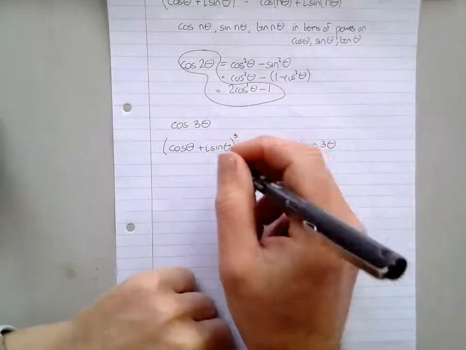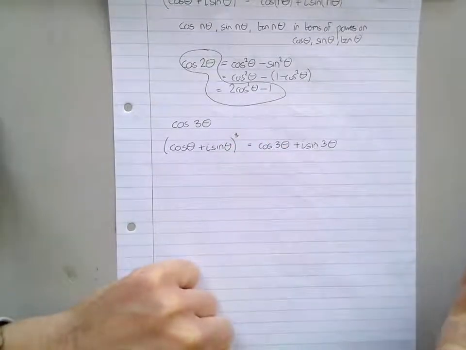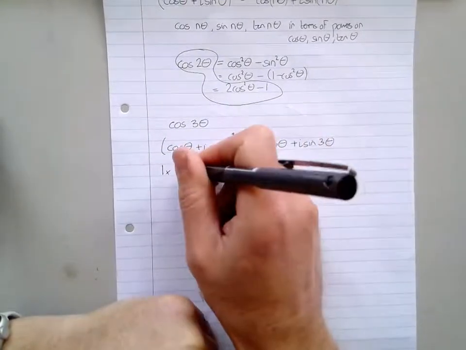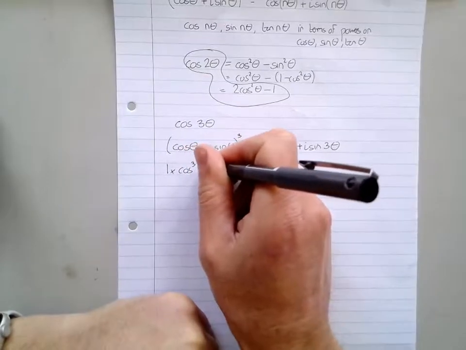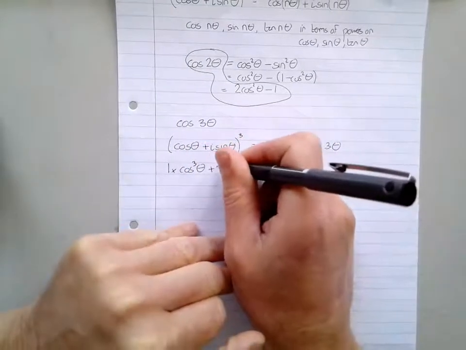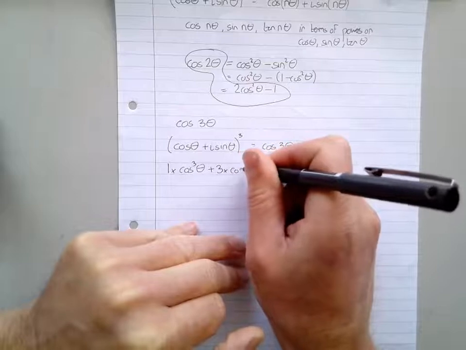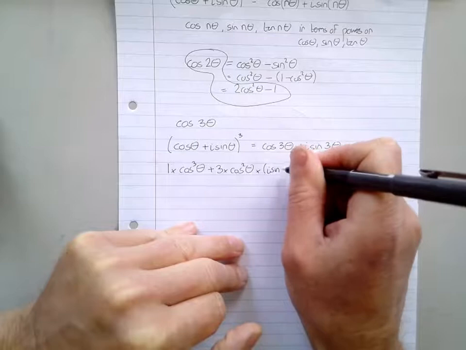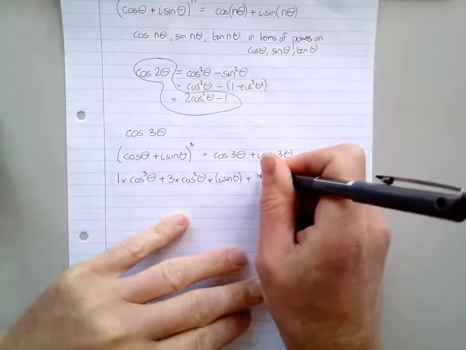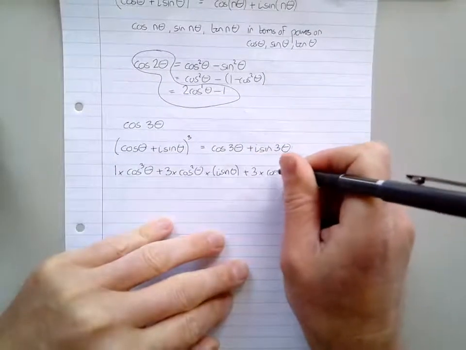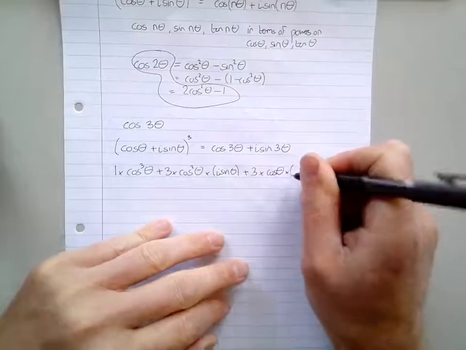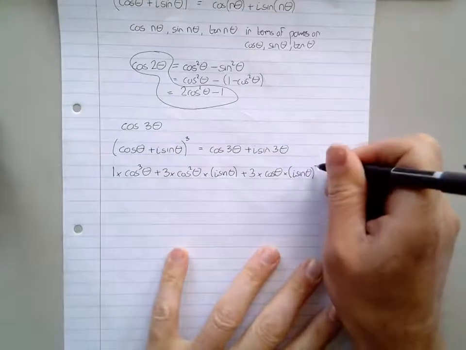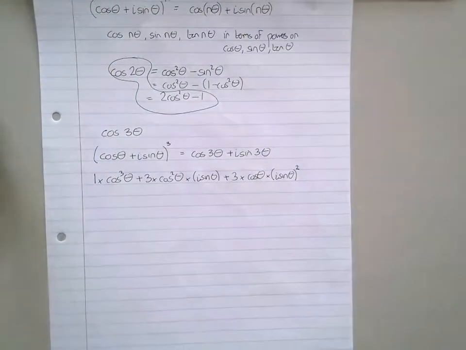So here we go. 1331 is the Pascal's triangle line, so it's going to be 1 times cos theta cubed, and then 3 times cos theta squared times i sine theta, and then it's going to be 3 times cos theta times, and then I raise the power of that by 1, so it's going to be (i sine theta) squared. Notice I'm not doing any cancelling down at this stage, I'm writing the thing out.